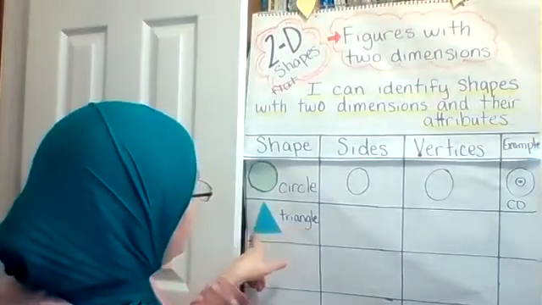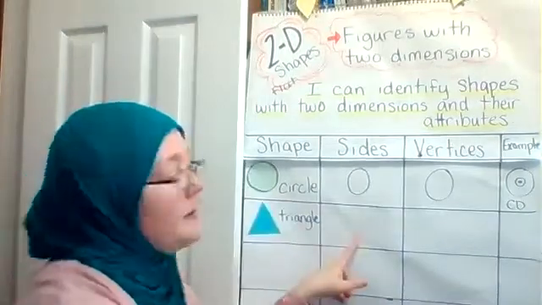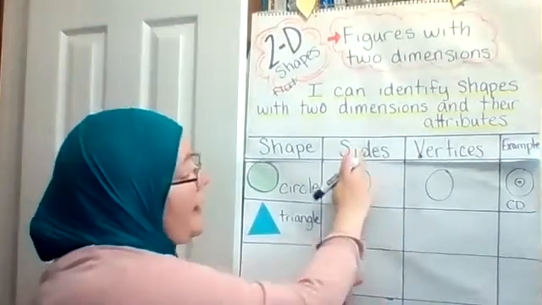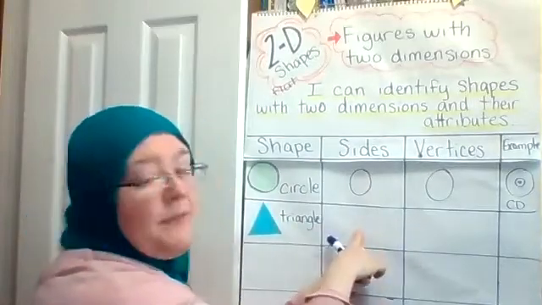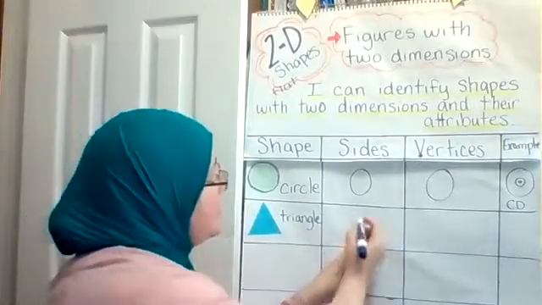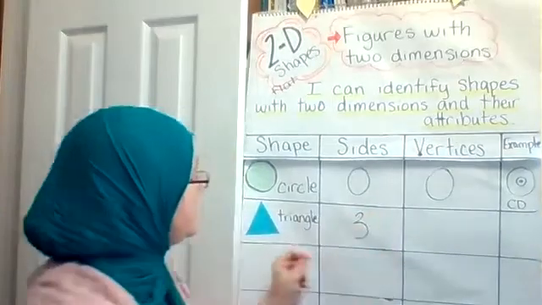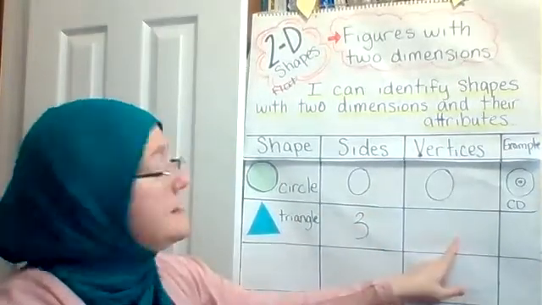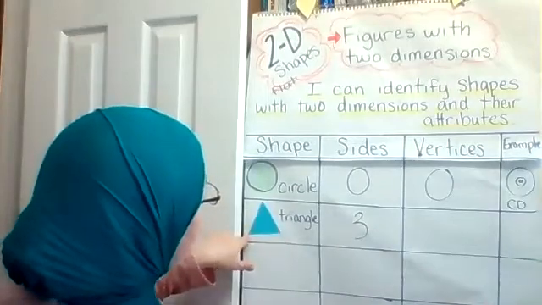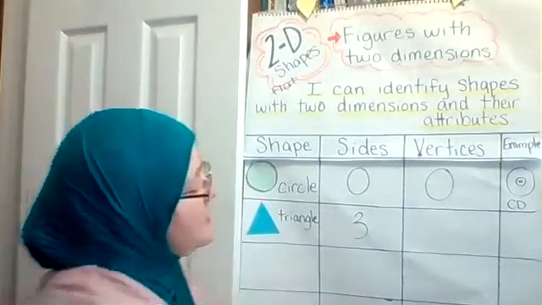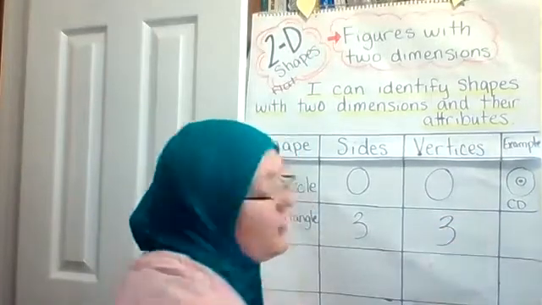A triangle has how many sides? 1, 2, 3. So on my graph, I find the sides and I find my triangle, and where they meet is where I'm going to put my information. 3 sides. And how many vertices? 1, 2, 3. That's where the sides meet. 3 vertices.